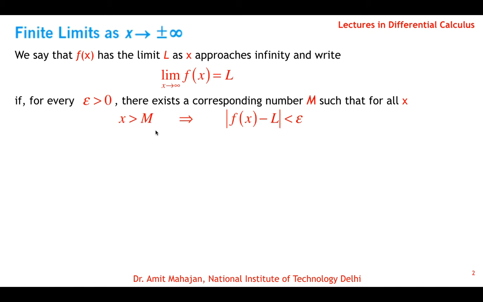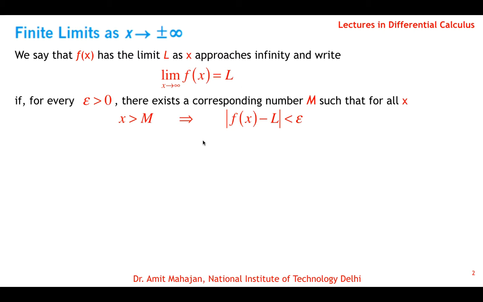So for every epsilon you can find a corresponding number such that you choose any x to the right of that number, and on every such x the function distance from L is less than this epsilon. If it is true, then we say that the limit of the function when x grows large is L.